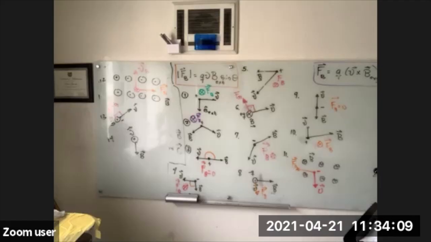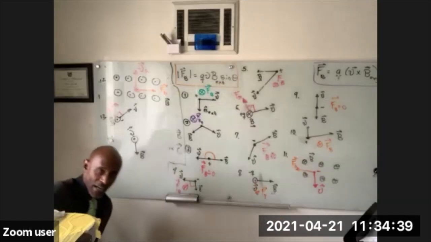You can turn your camera on and let me help you if you don't mind. Okay, so now your right hand, the V is out of the board. So make your hand so that it's pointing straight back toward you, out of the board, back toward the camera.